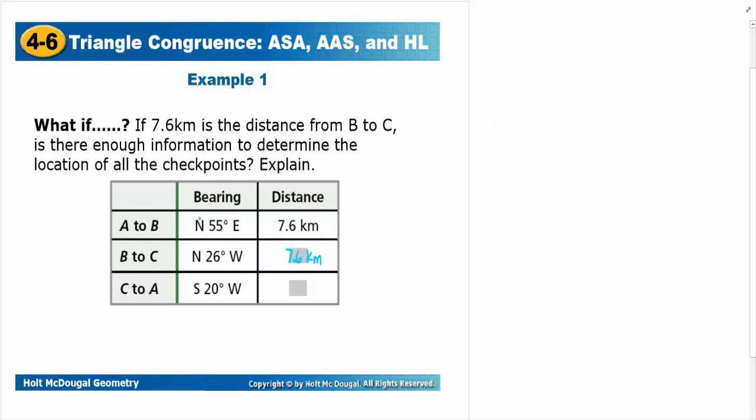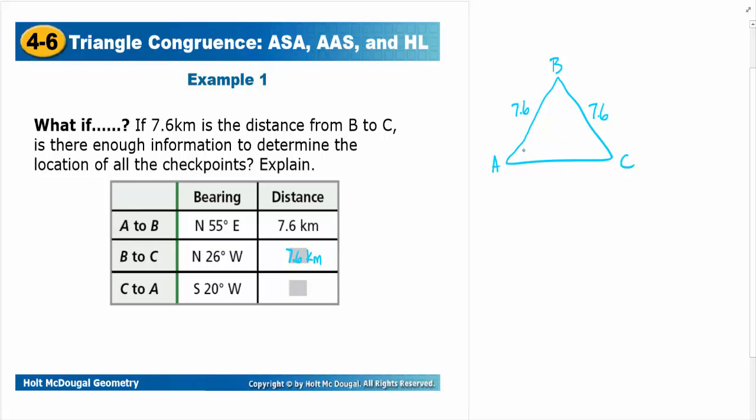So if you're looking at this, this is ABC. I'm not going to get into bearings with you at this point, but they're saying that A to B is 7.6, and B to C is 7.6, so it looks like I'm in an isosceles triangle. And then they're asking, do we have enough information to find AC?